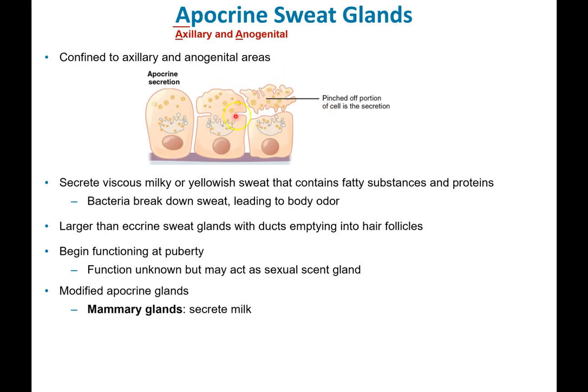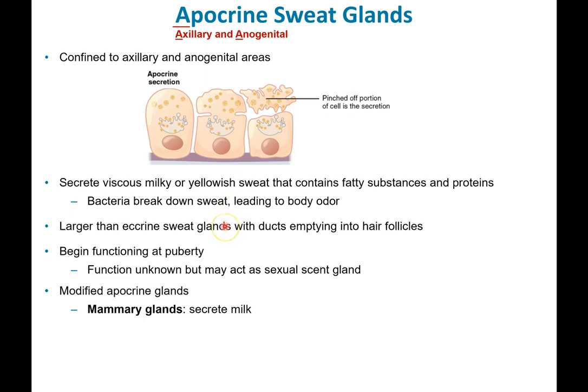The top portion of the cell, with the secretory vesicles that contain the product, is pinched off. Essentially, the portion of the cell that pinches off is considered the secretion itself.